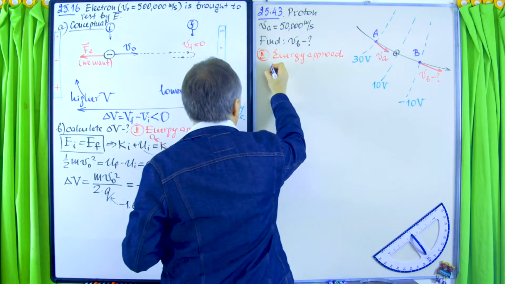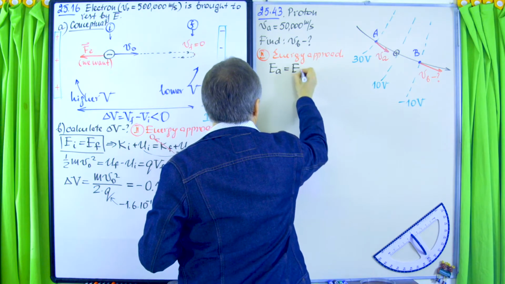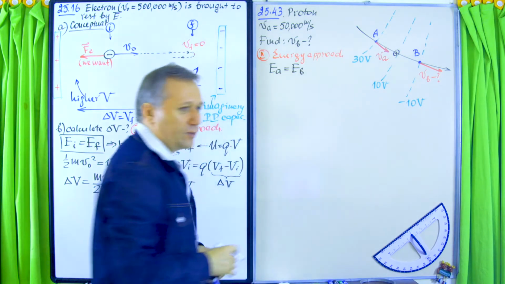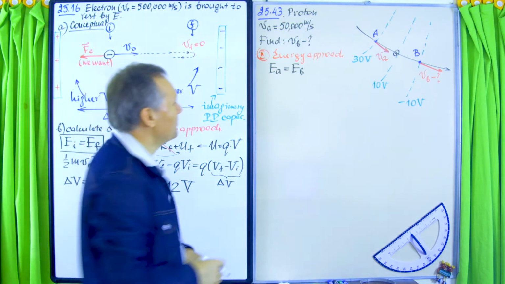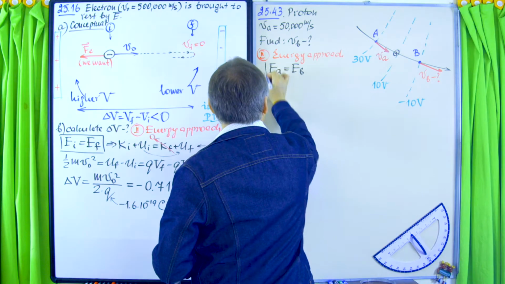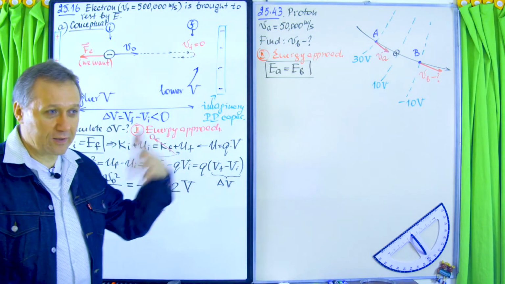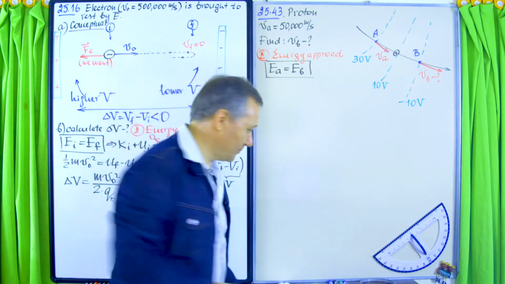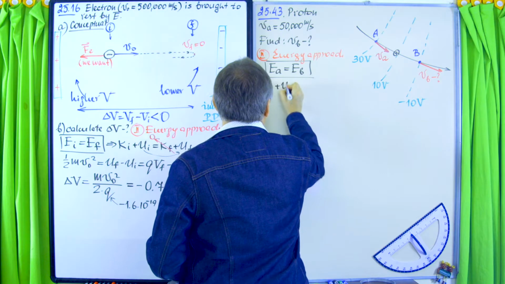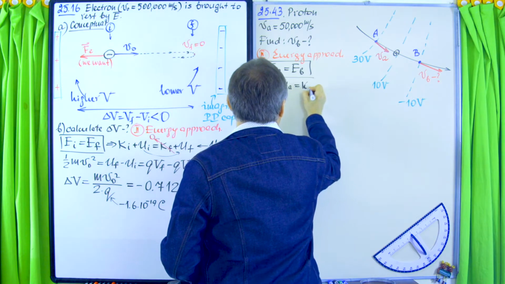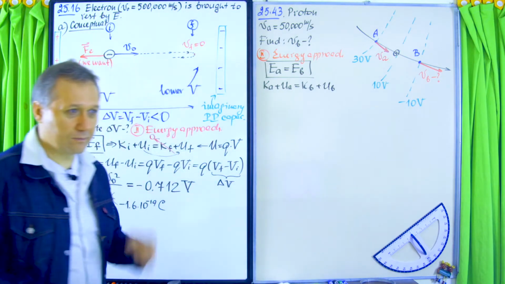I will start with just comparing energies, but now at point A and point B. Instead of using capital A and capital B, I use small a and small b because it's easier to write. And then explicitly kinetic and potential: K sub A plus U sub A equals K sub B plus potential energy at point B.